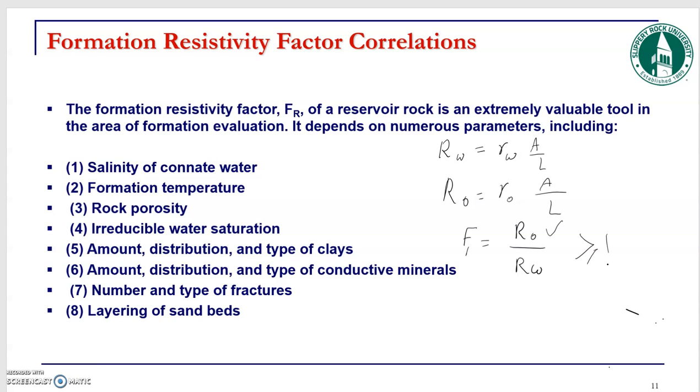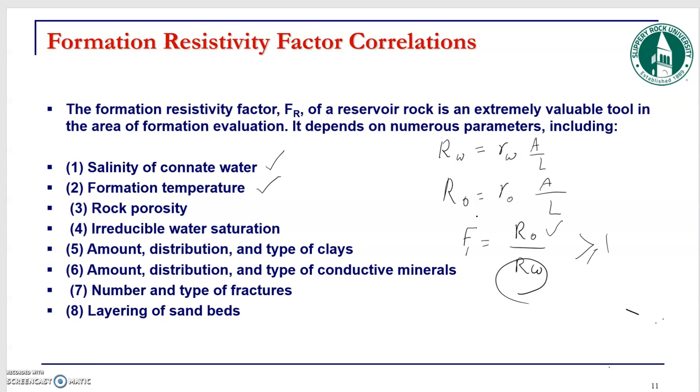Of course, the water inside the pores of your rock, the salinity of that water would change your formation resistivity factor. The temperature would change your RW and RO, and therefore it changes your formation resistivity factor. The rock porosity, water saturation, what type of clays you have.